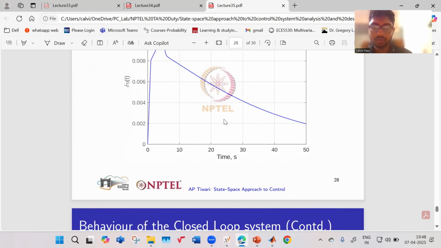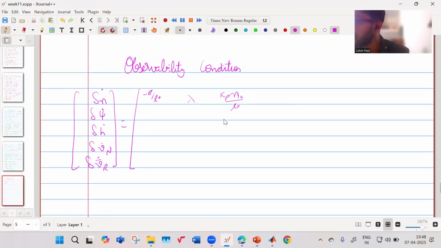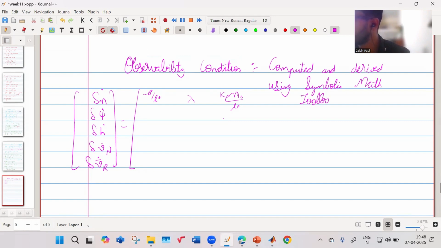Okay, so let me write. This observability condition was computed and derived using the symbolic math program in MATLAB.